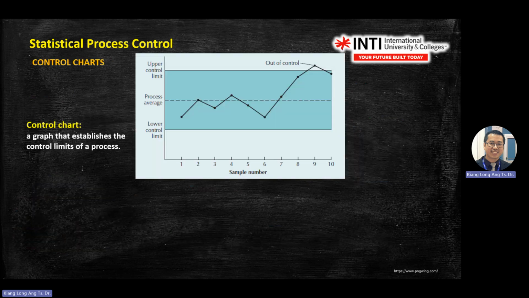Okay, this is a control chart. So from here, you know that there's one point out of control. And actually, from sample number 6, the system is already out of control. Why? Because the dots already start to go towards the upper limit. And one point is out of control. So when you look at this control chart, you should be able to come up with a solution to fix the problem.